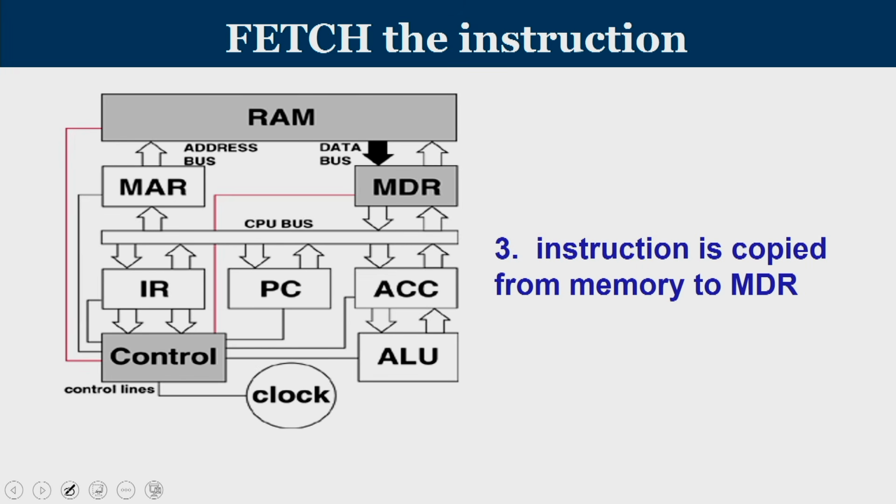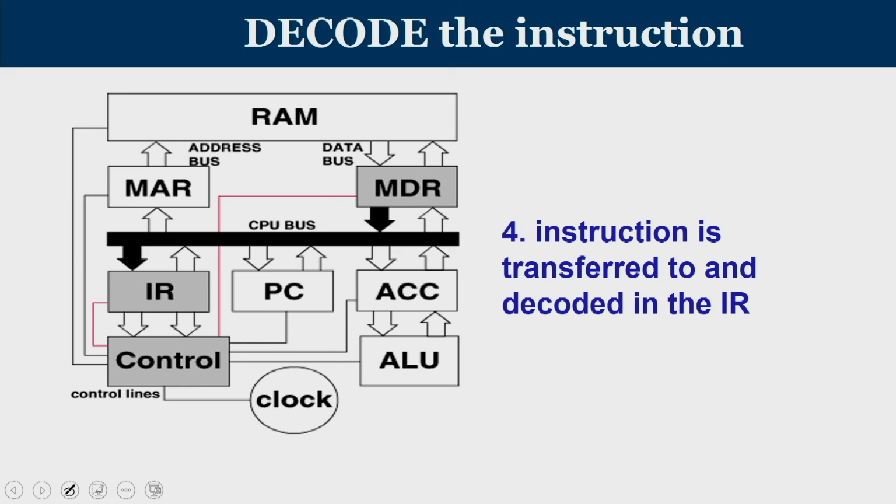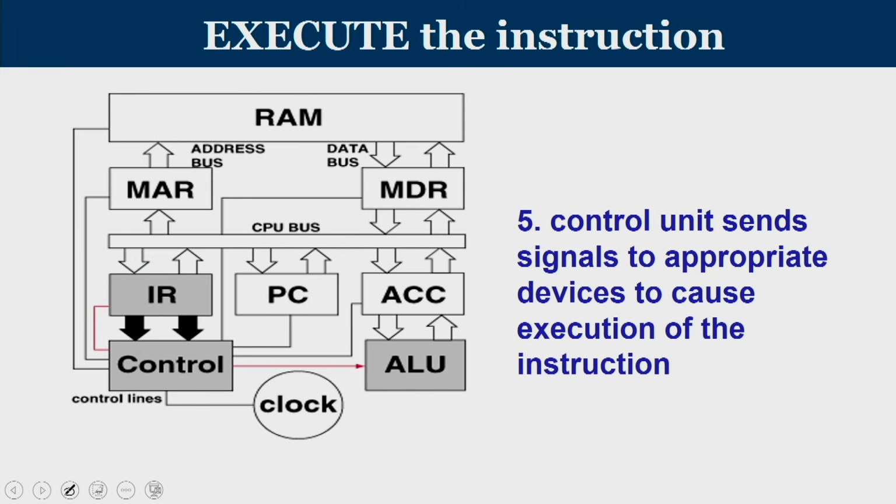The very next step is that the located instruction is transferred to MDR, the memory data register. Now from MDR through the CPU bus, the instruction is transferred to IR, where decoding happens with the help of the control unit. The control unit sends signals to the appropriate devices or units inside the processor to facilitate execution of the instruction.